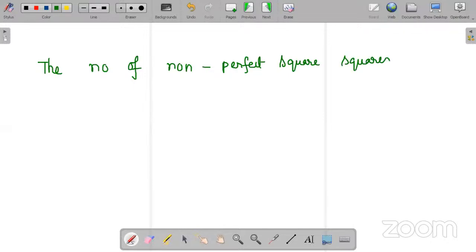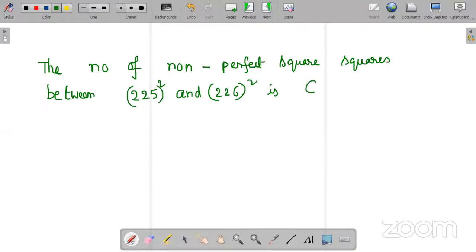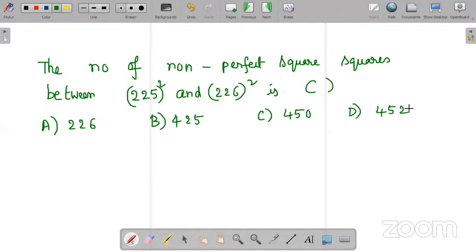Non-perfect squares between 225 square and 226 square is: A 226, B 425, C 450, D 452.